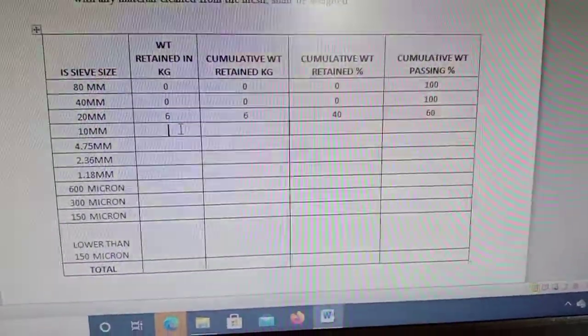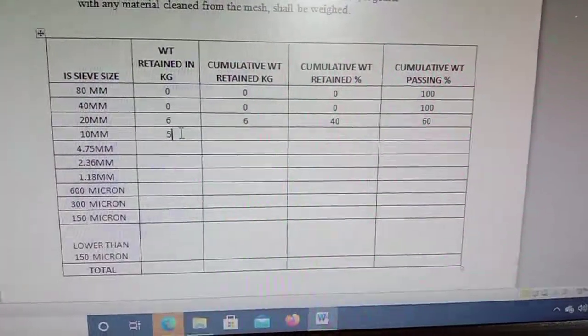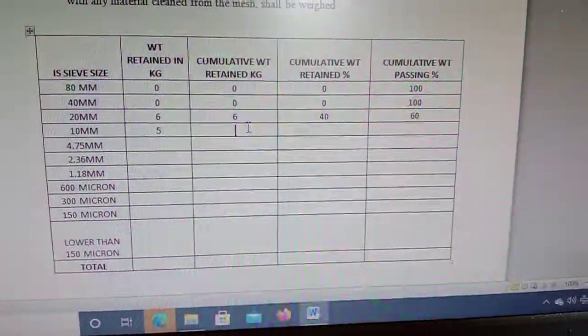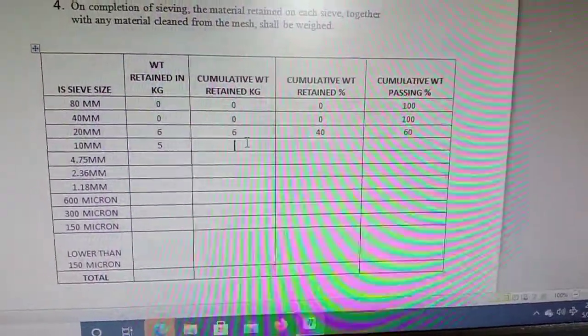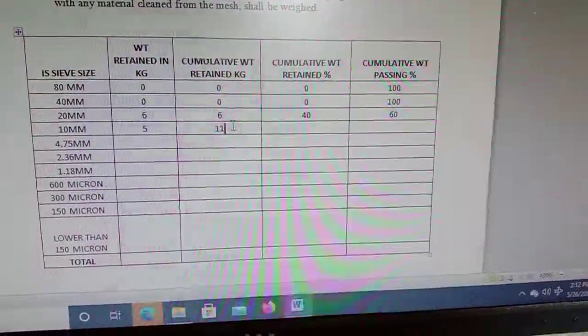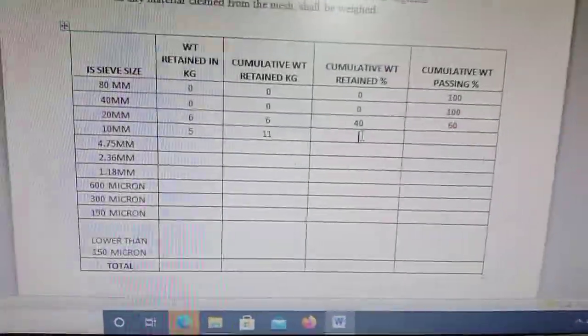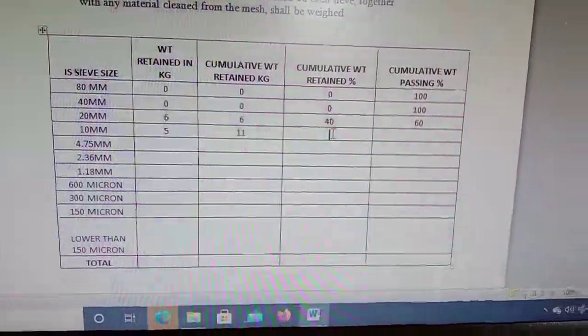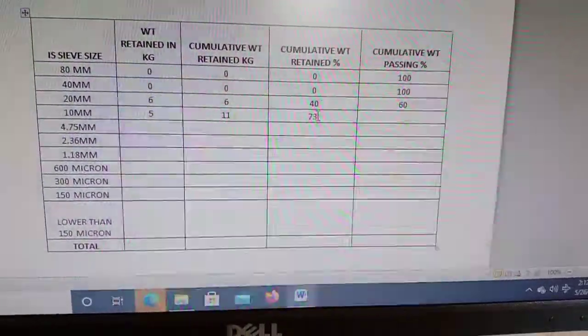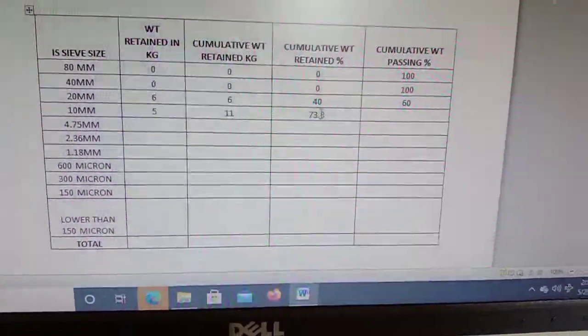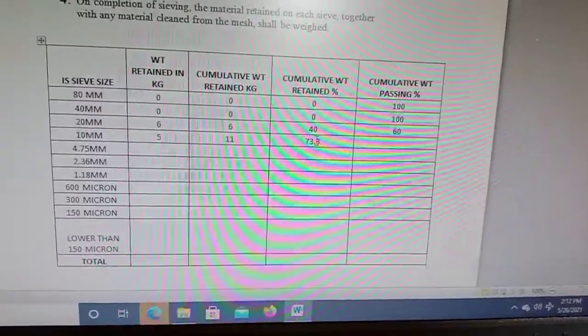Then on 10 mm again 5 kg was retained, so cumulative retained will be 5 plus 6, which is 11 kg, and the cumulative percentage will be 73.3 because total is 11 kg out of 15 kg.